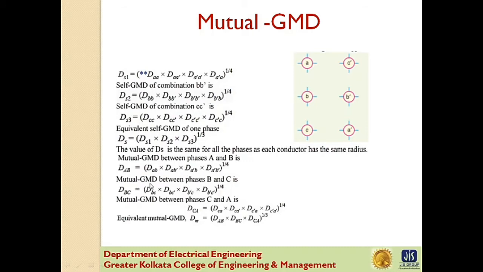In the same way, the mutual GMD between phase B and C is calculated, and the mutual GMD between phase C and A is calculated. Now the equivalent GMD is equal to (DAB into DBC into DCA) whole to the power 1 by 3.